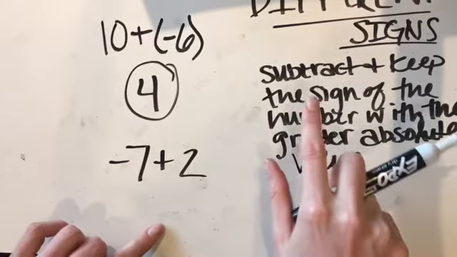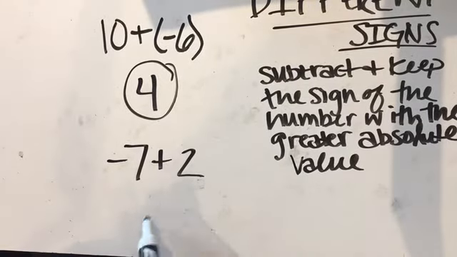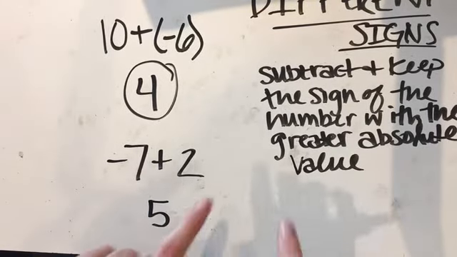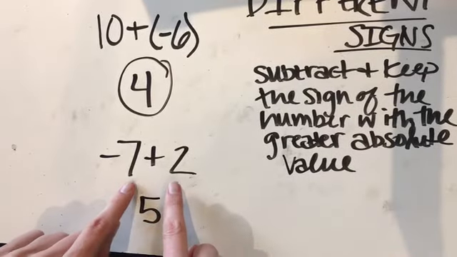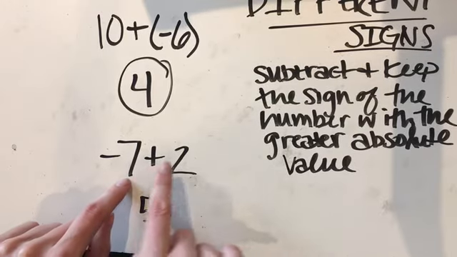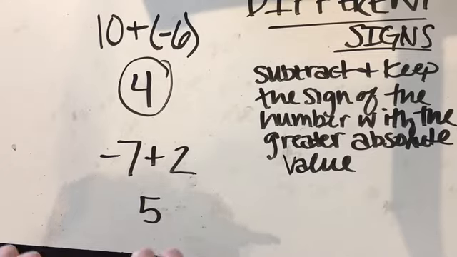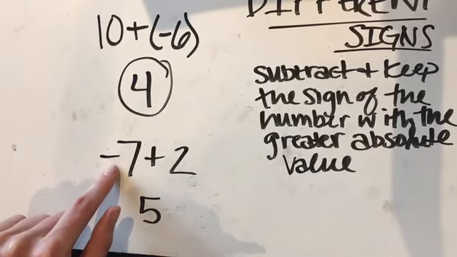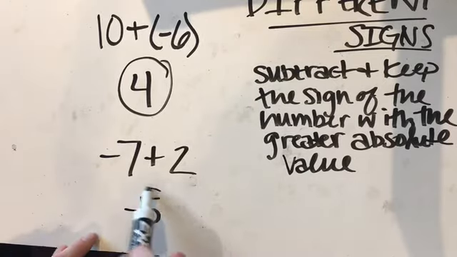So it says subtract. So what's the difference between 7 and 2? Well, it's 5. And then we keep the sign of the number with the greater absolute value. So between -7 and 2, what's the absolute value of -7? Well, it's 7. Absolute value of 2 is 2. So what's greater, 7 or 2? Well, 7. And 7 in this case is negative. So our answer will be negative.